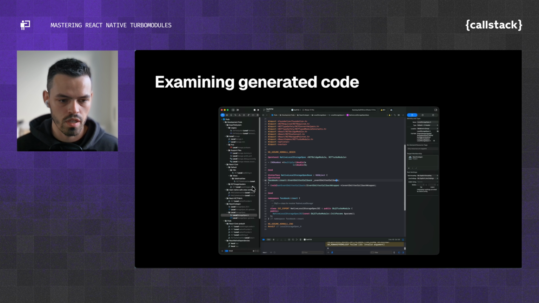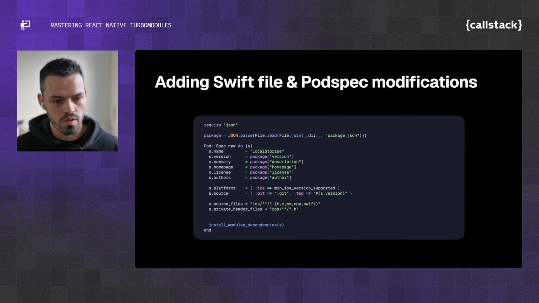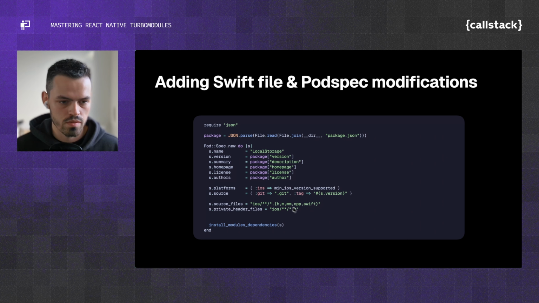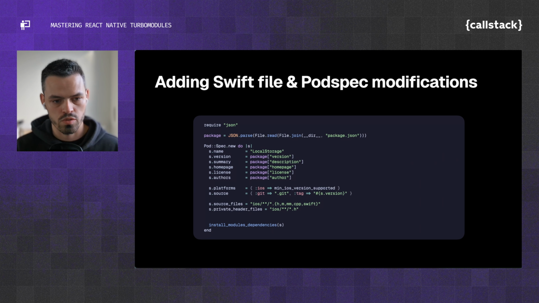As you can see, here is the generated header for our module. Then we will add Swift and modify the podspec file so it actually knows to link Swift. So the podspec is the file that defines how our native module will be linked.